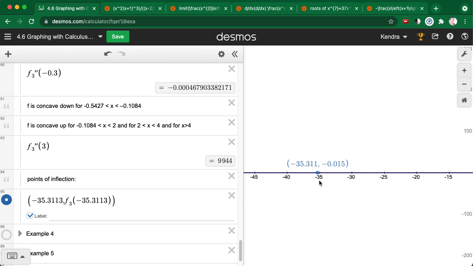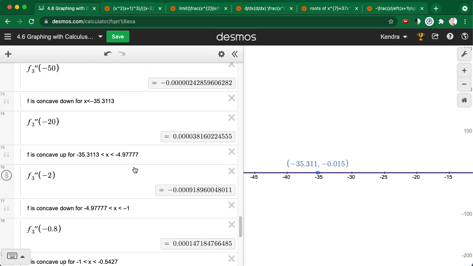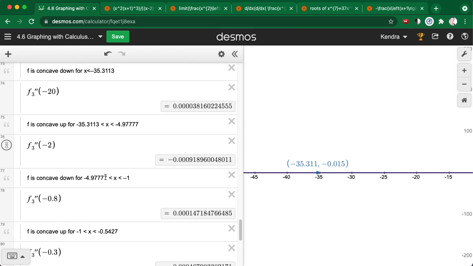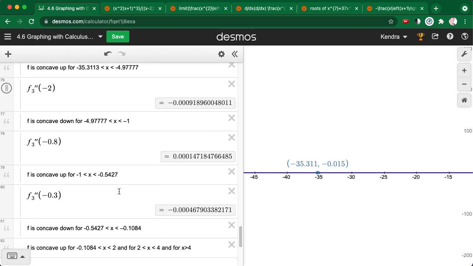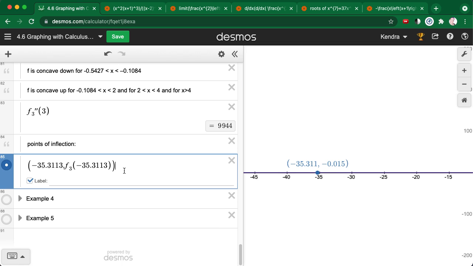Okay, so that's a point of inflection. And where else were we? So here it went from concave up to concave down at -4.97777.